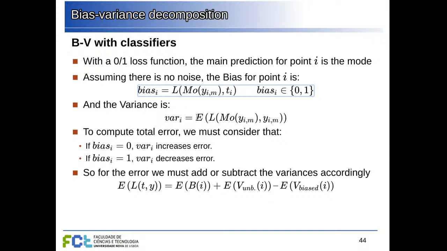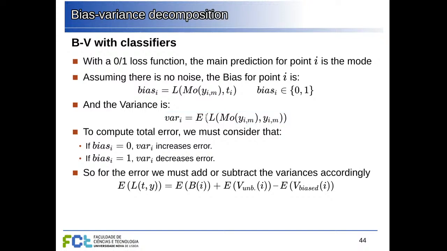The variance will be the expected value, or the average, of the loss that we have for individual predictions. So this would be the prediction for point i of one of the classifiers and the actual value for that classifier.